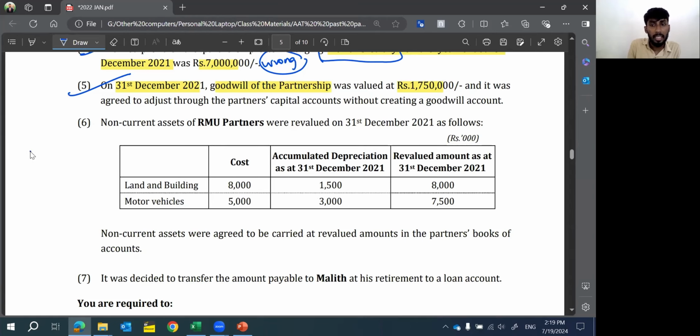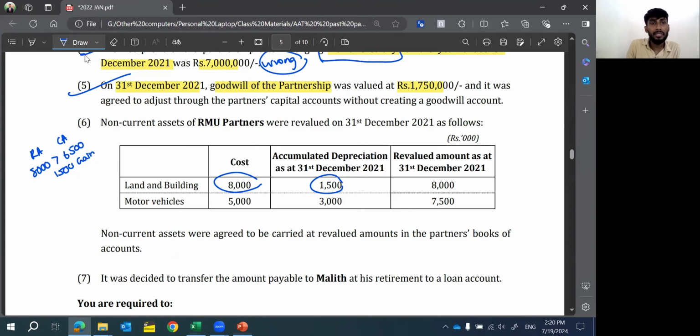So the revalued amount and carrying amount are the things we need to compare. The carrying amount is 8,000 less 1,500, that is 6,500. So from this asset we have a gain of 1,500.